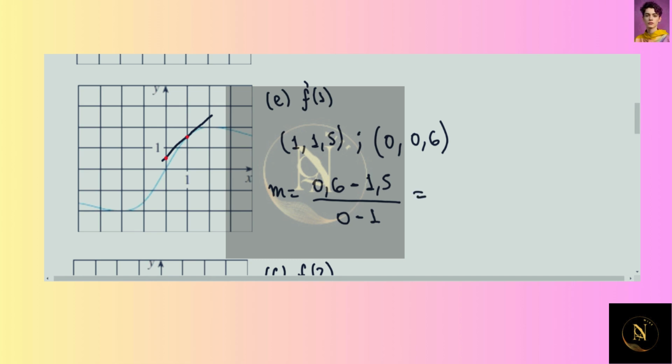This gives us a slope of 0.9. So approximately the derivative at the point 1 is 0.9.